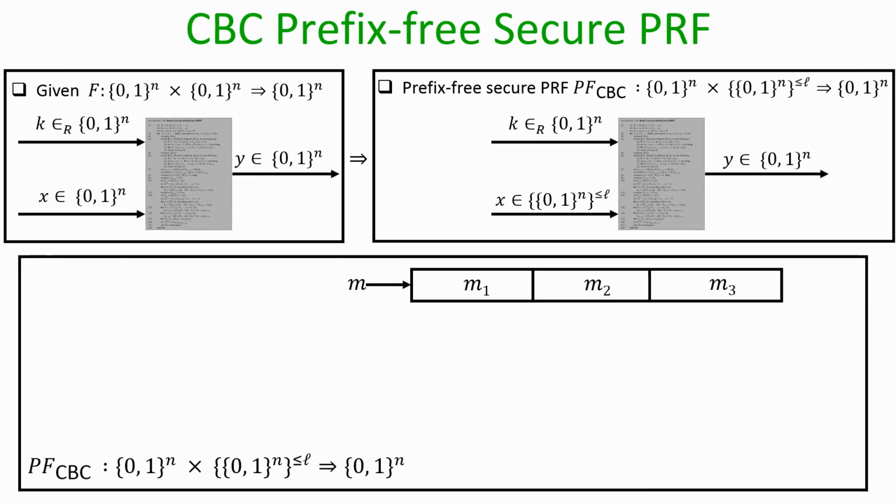And the way we do it is using the CBC mode of encryption that we had seen earlier with some differences. So, let me demonstrate how exactly this CBC prefix free secure PRF operates. For demonstration purposes, assume that you have a message M consisting of up to 3 blocks, right.